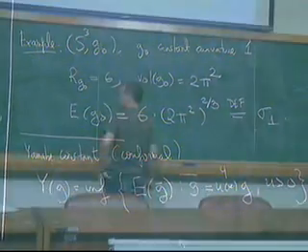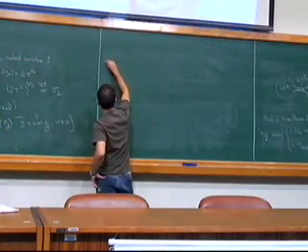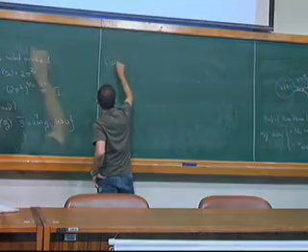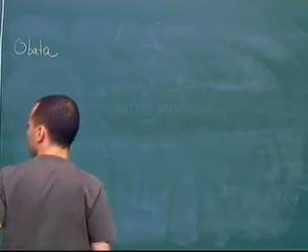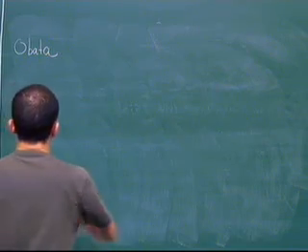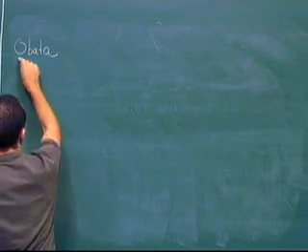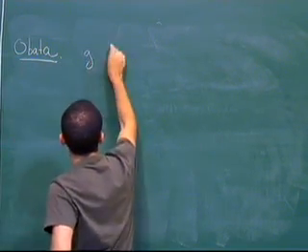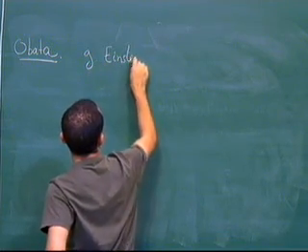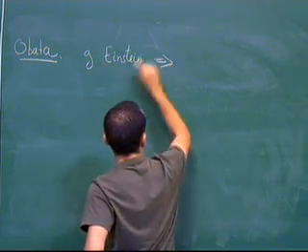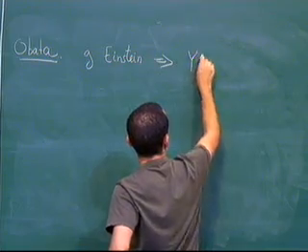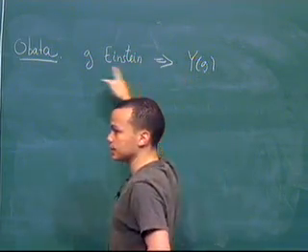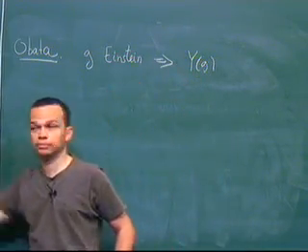Okay, and then there is a result of Obata, which also appeared, I guess, earlier. There's a result of Obata which says the following: if G is Einstein, then G realizes this infimum.